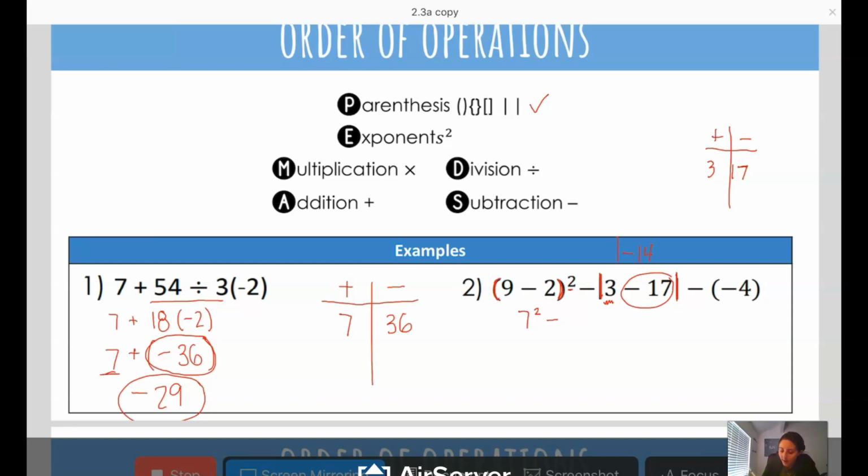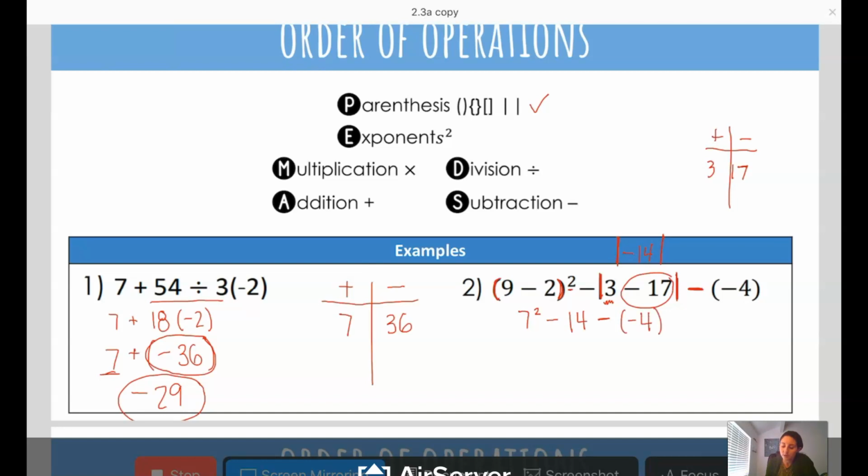And we need to take the absolute value of what's inside there. The absolute value of negative 14 is positive 14. Remember, absolute value is distance, so you're finding the distance negative 14 is from 0. That's 14. And now we need to bring down that minus negative 4 that we haven't done yet.